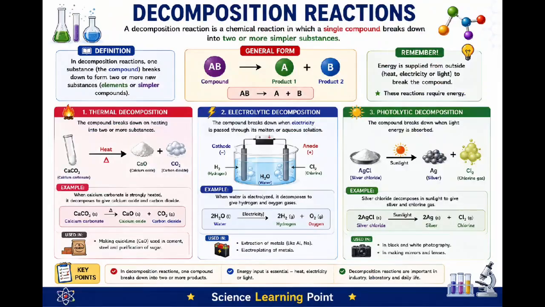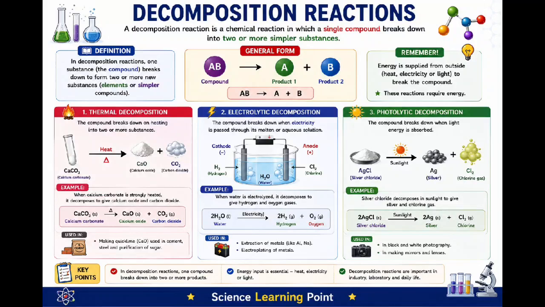Okay. In the previous slide, we learned about combination reaction, where two or more substances combine to form one product. Now let's study the opposite type of reaction, called a decomposition reaction. So what is a decomposition reaction?